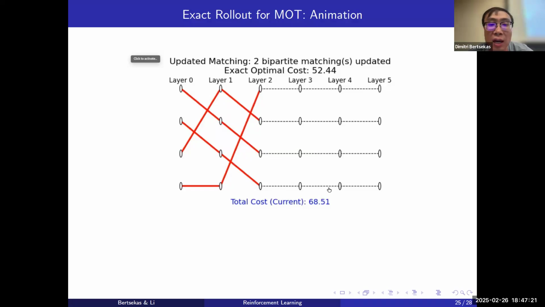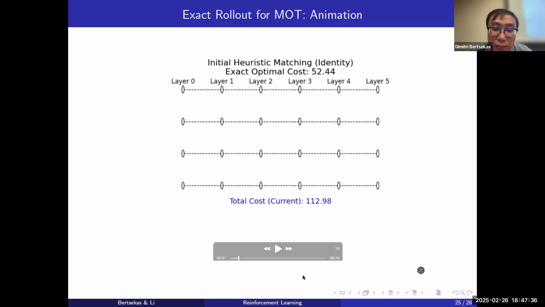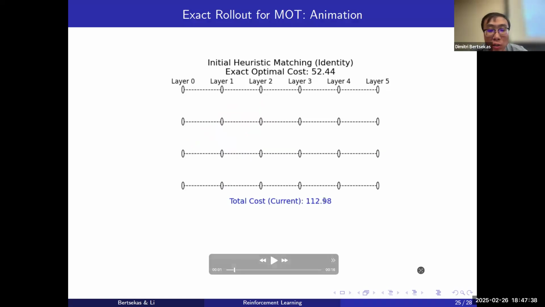And you can also use other ways. Then starting from that cost, you're going to see the cost steadily reduce. In this particular case, you get optimal in the end. So this is the total cost of the base heuristic, which is 112 or 113.